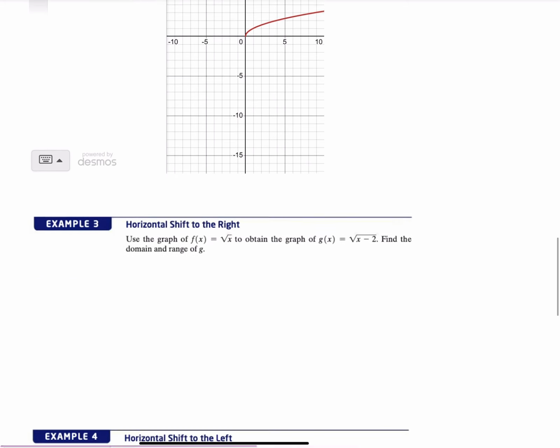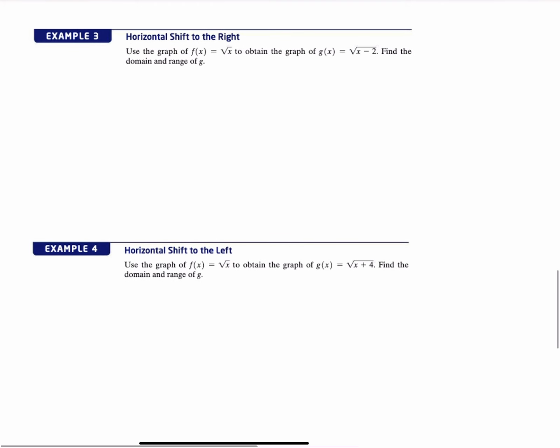examples here. Now we want to graph the square root of x minus 2. Well, first let's recall what the square root of x looks like. The square root function.